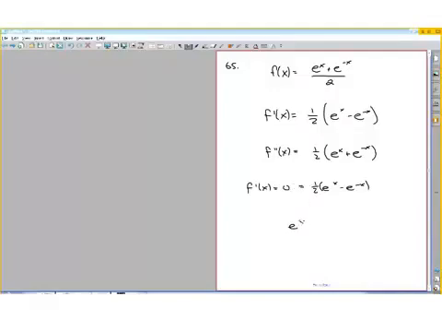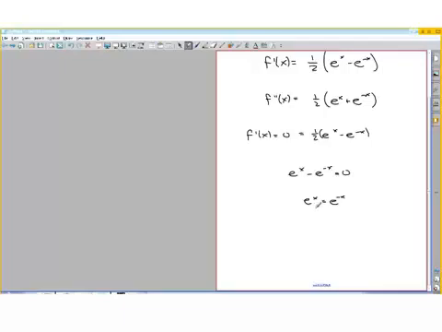So you get e to the x minus e to the minus x equals 0, or e to the x is equal to e to the minus x.